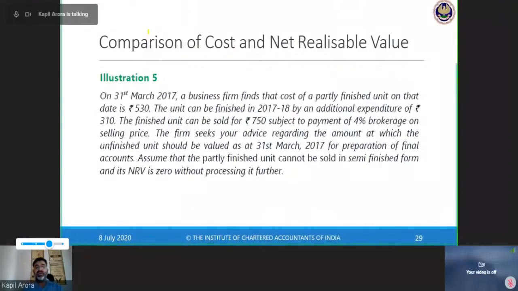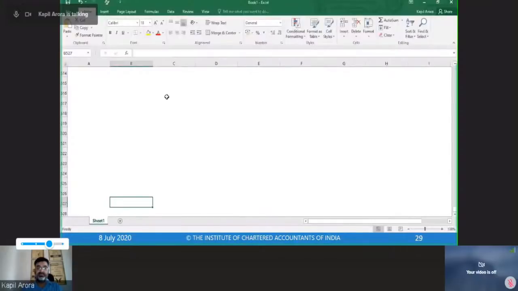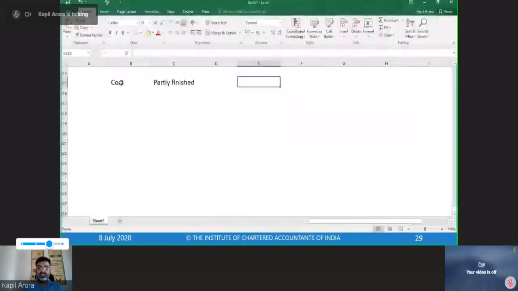The illustration says that on 31st March 2017, a business firm finds that the cost of a partly finished unit, so it is not completely finished, means I have to finish that first before selling it in the market, is 530 in the books.